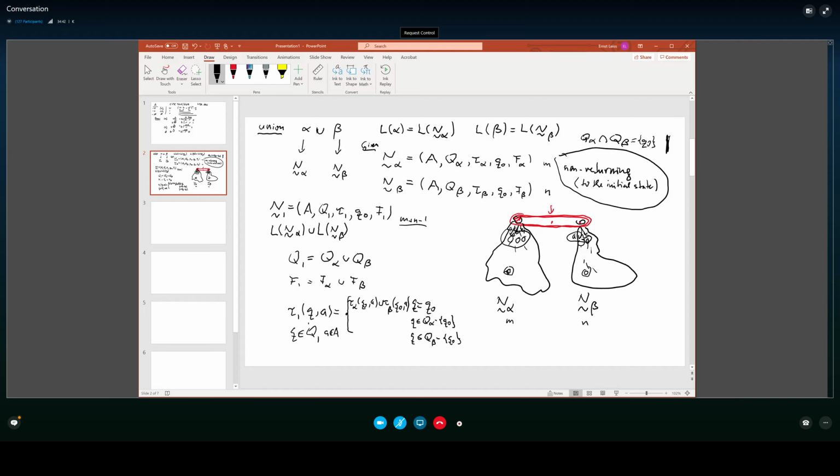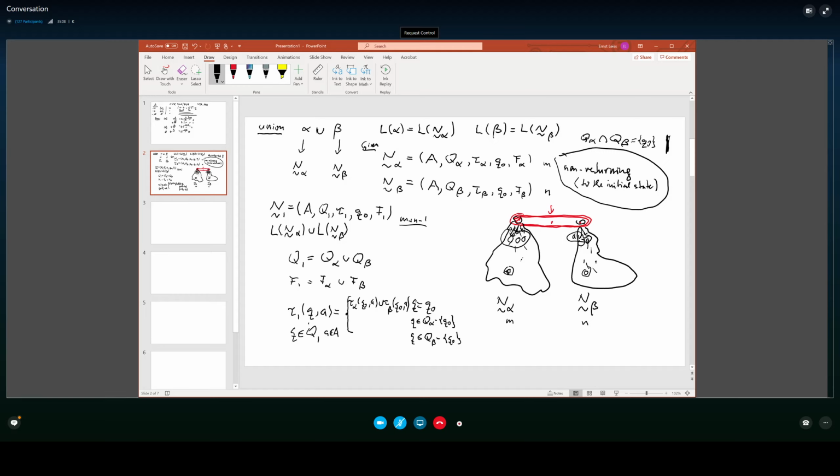We've already covered the case where Q is Q sub 0, the new initial state. Now we have to talk about what happens if Q is a state in the first automaton other than Q0, or a state in the second automaton other than Q0.